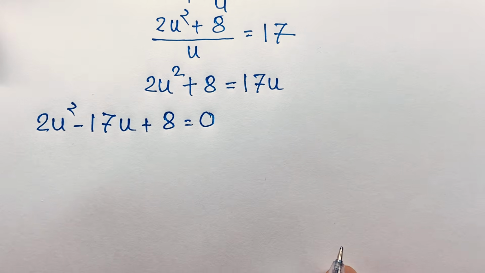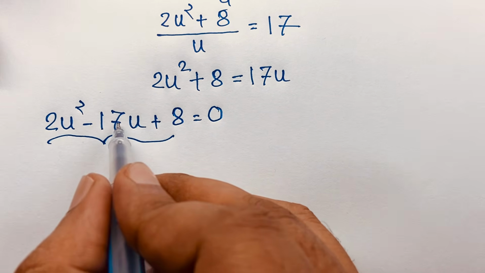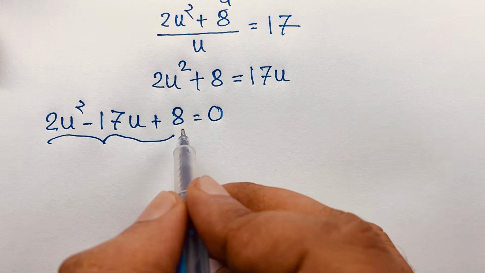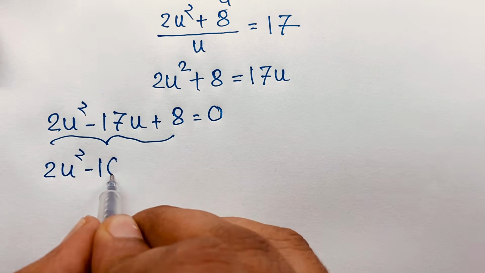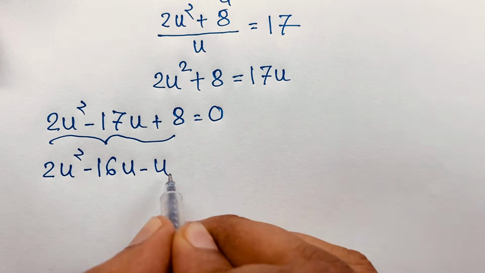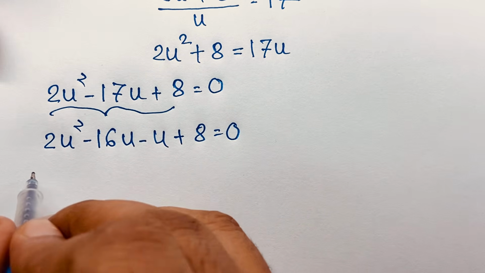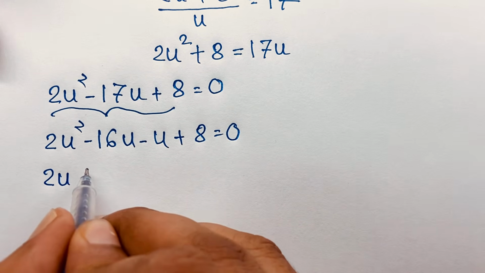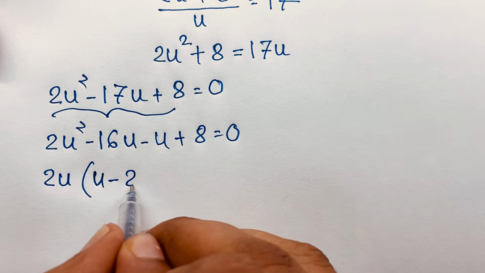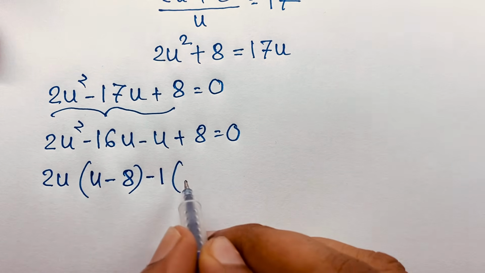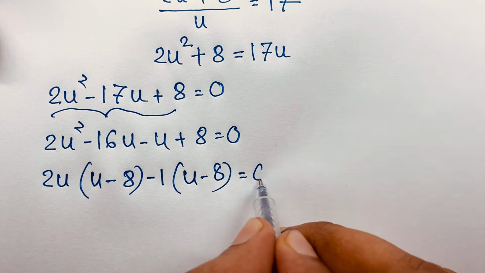Now at this moment I do the middle factor, because it is a nice quadratic equation. So this is 17, but this is 8 times 2, this is 16. So this is 2u square minus 16u minus u plus 8 is equal to 0. Now 2u is common, so if I take 2u common, this is u minus 8, and minus 1 is common, this is u minus 8, is equal to 0.